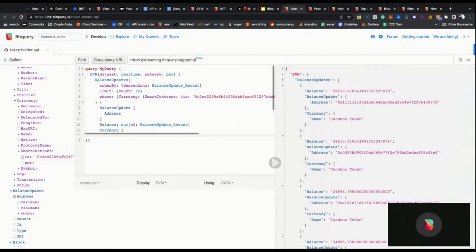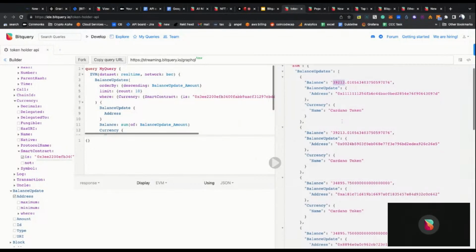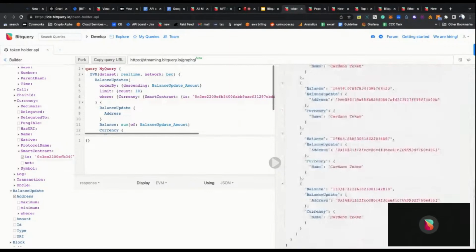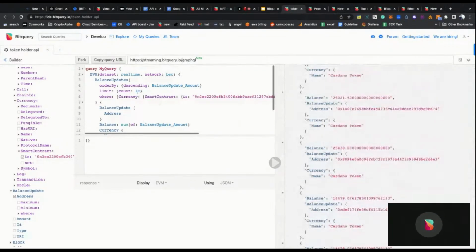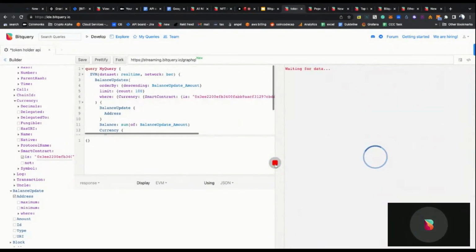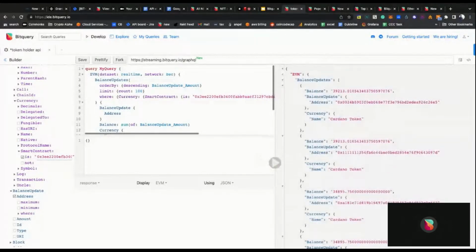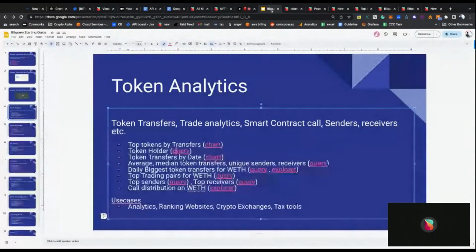For example, this is some Cardano token on Ethereum basically, and you see how many holders, and these are top 10, but you can get 100, and you can get each and every token holder for a given token. Similarly, you get all sorts of different data which can be used in analytics, maybe building ranking websites for tokens and tax related things.